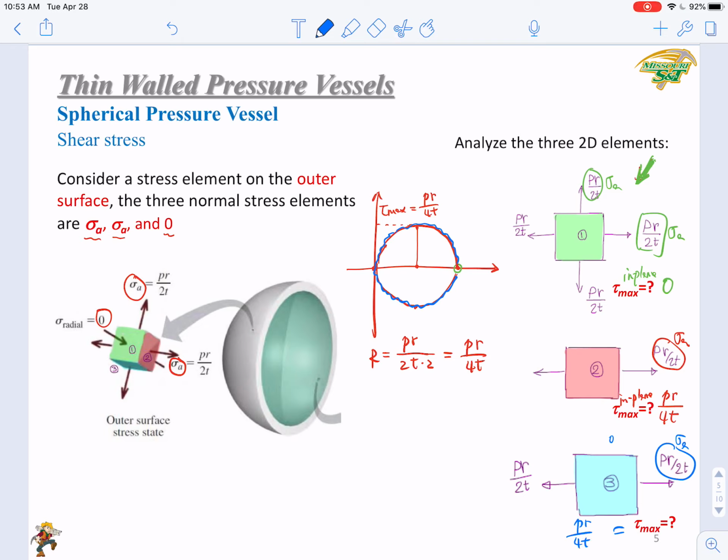Then what is the tau max, the absolute maximum shear stress? That is the maximum number among these three results, which is just PR over 4t.